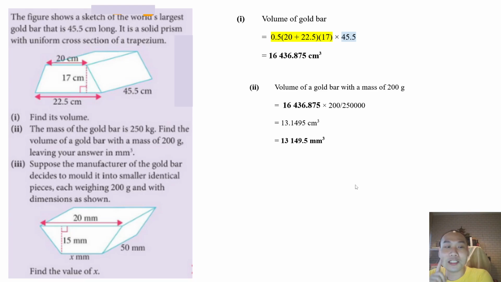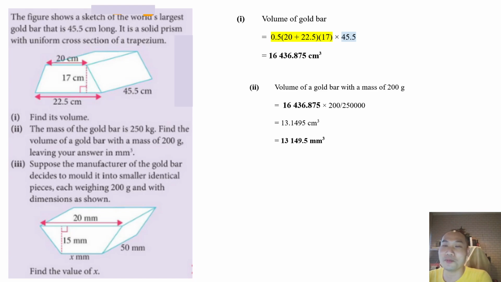And that's not all. The person who set this question is trying to help us by having another statement wanting you to leave your answers in terms of cubic millimeters. They are indirectly making us think about units, because we need to convert units.